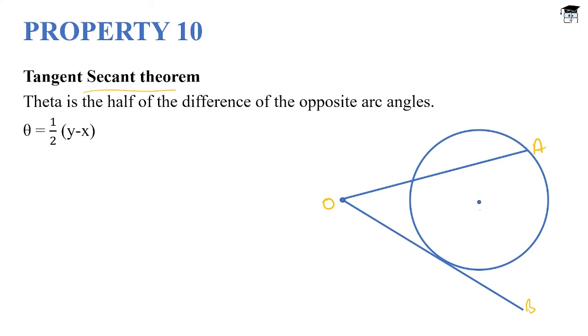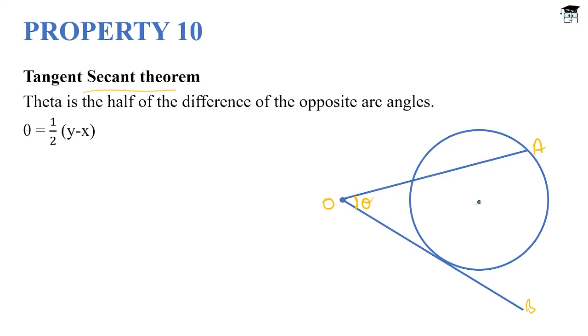And this is the center of the circle. So now, how do we calculate the angle theta here? This is similar to the first one.